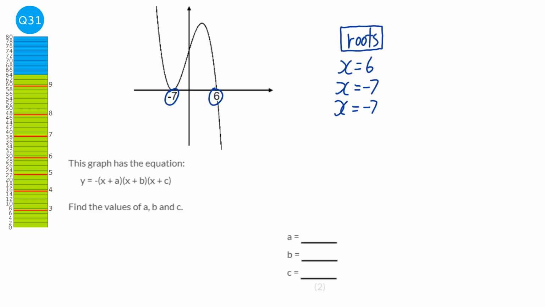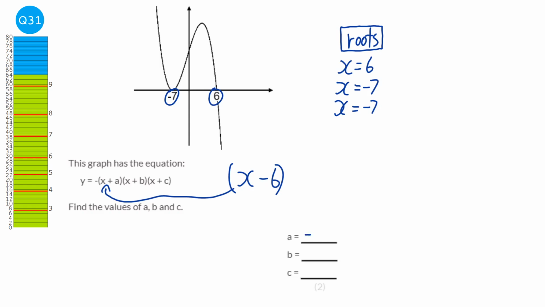Well, if we put a at -6, we get x minus 6 in that bracket there. And if we put in the value of 6, then it's 6 minus 6, which is 0, and so the whole thing is 0, because anything times 0 is 0.